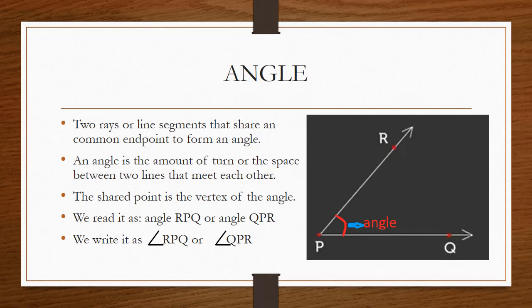That amount of turn or the space between these two lines is called angle. The shared point is the vertex of the angle. Here the ray PR and ray PQ share the vertex, which is point P.